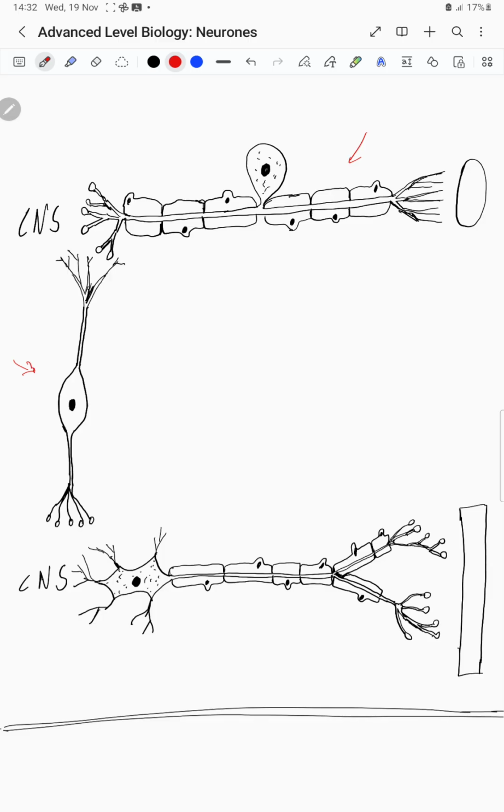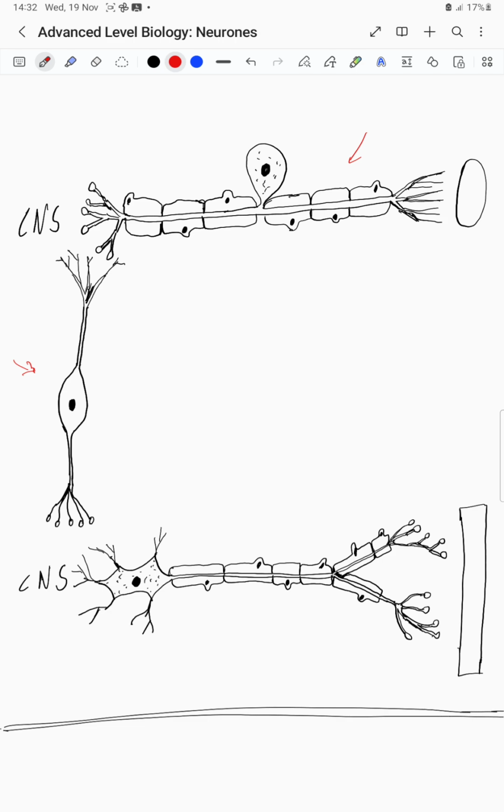Now we further divide these neurons into those which conduct impulses to the nervous system, those which conduct impulses in the nervous system, and those which conduct impulses to the effector.